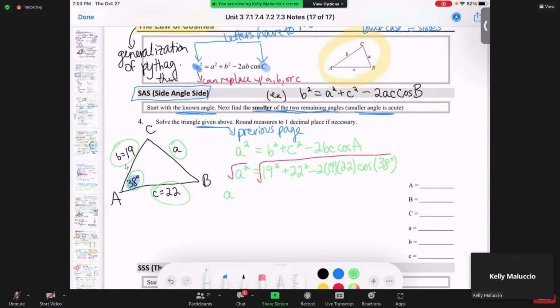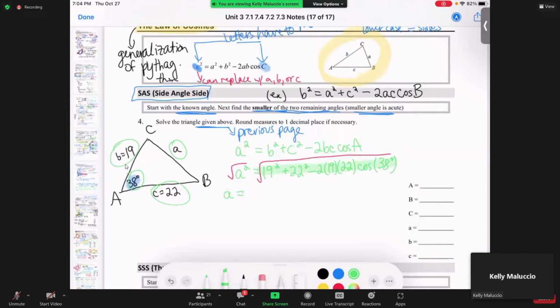And I would enter this entire square root into your calculator, because if you round, you're not going to get the right decimal here, especially in homework. If you have to round to 4 decimal places, you want to make sure you're entering that whole thing.